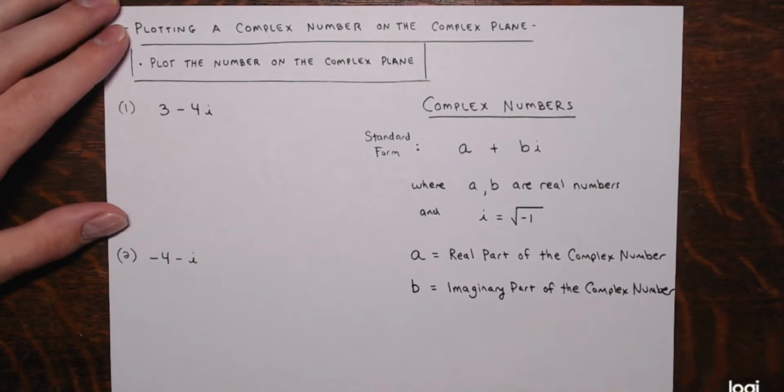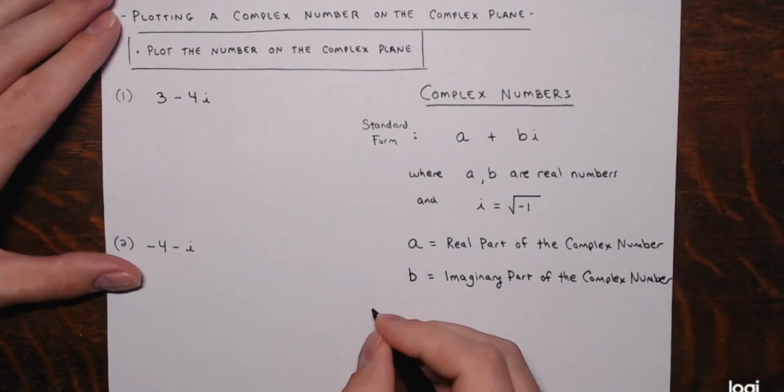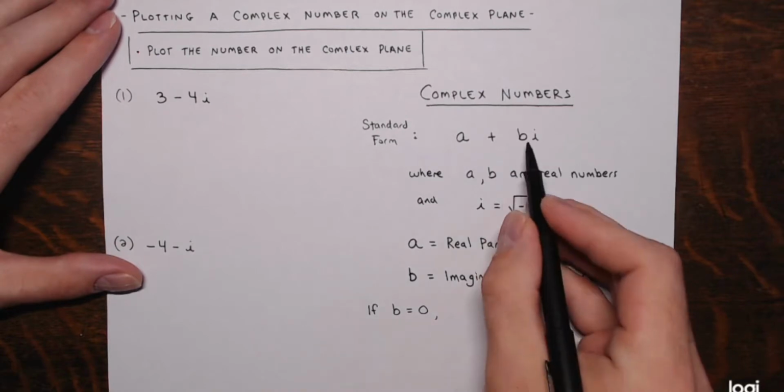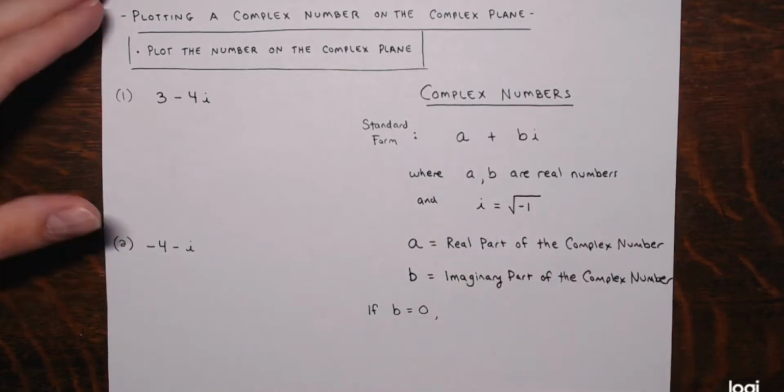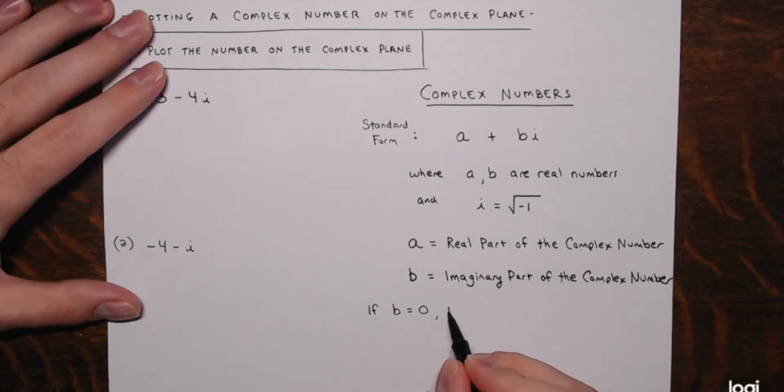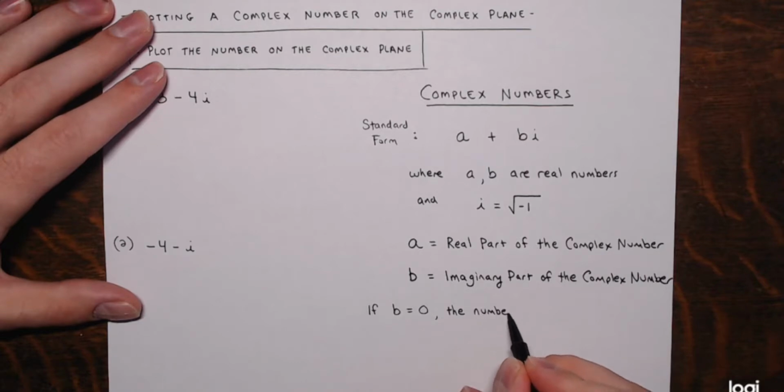All right, and then a couple more things. If the imaginary part, if b is 0, then the complex number can be considered just a real number. So if b equals 0, the number is strictly a real number.